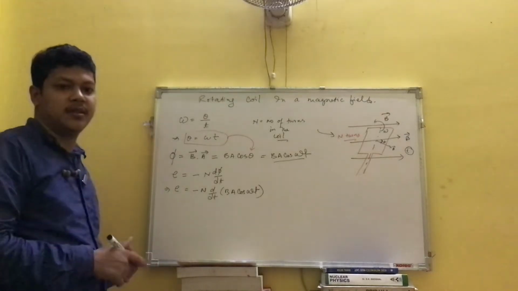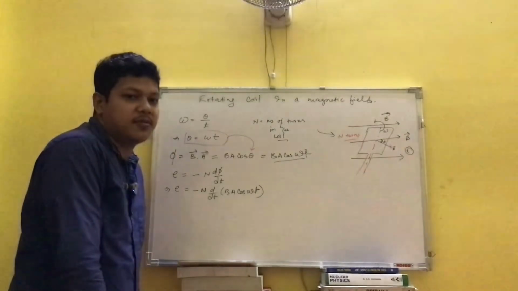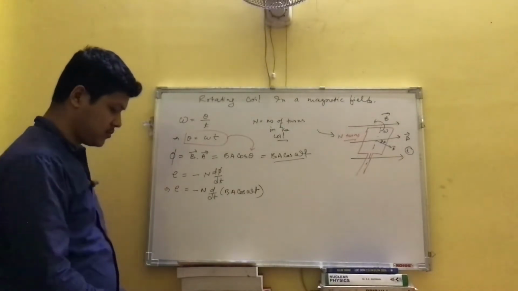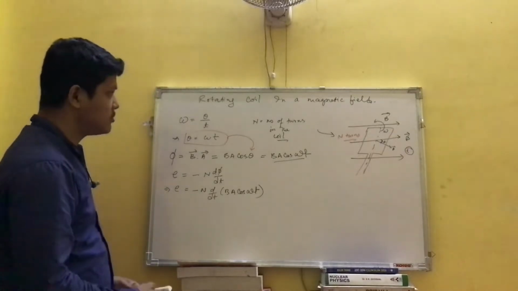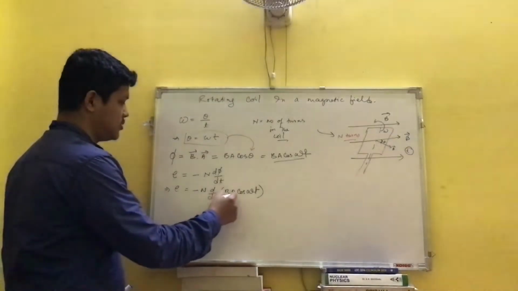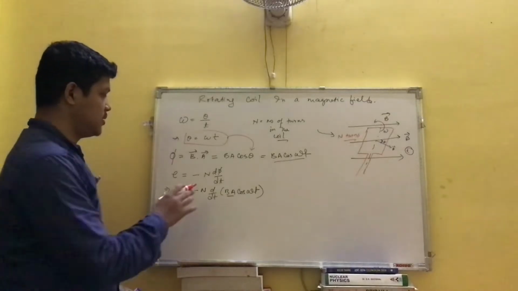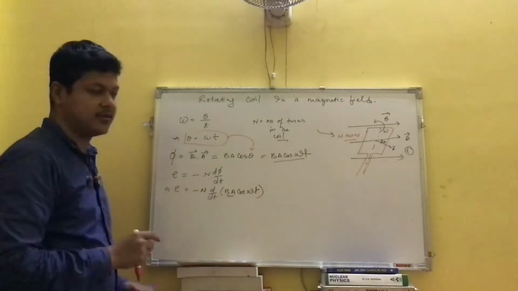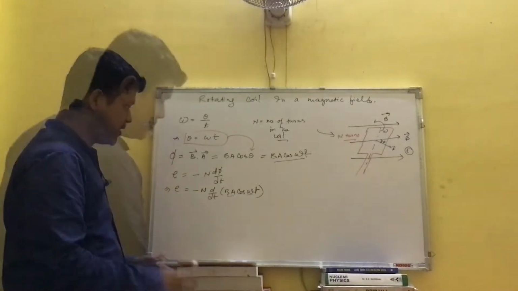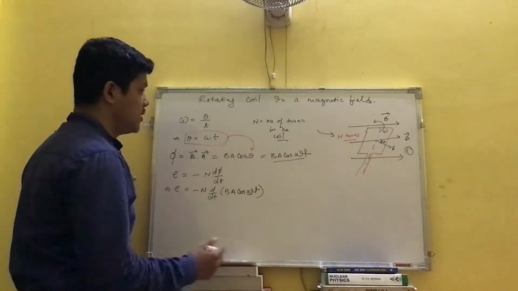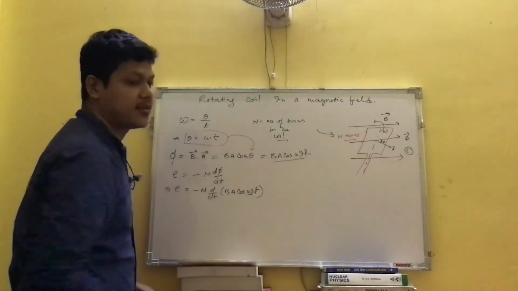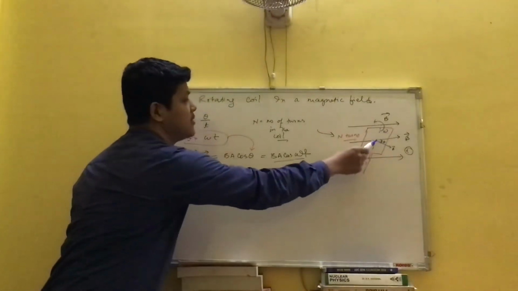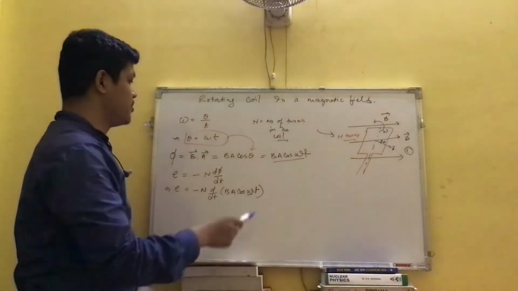Now here you see one more thing: in this case the area and magnetic field are both fixed. The area is not changing, but the angle between the area vector and magnetic field is changing with time.